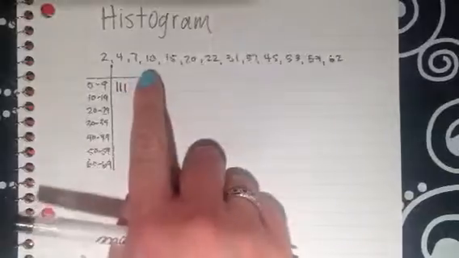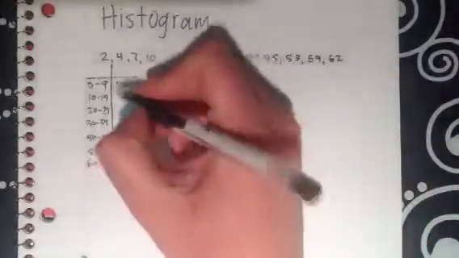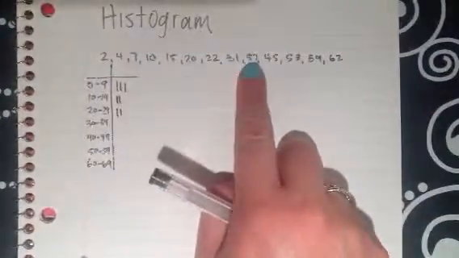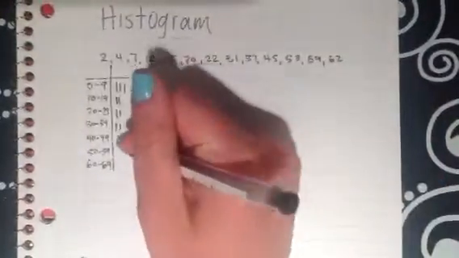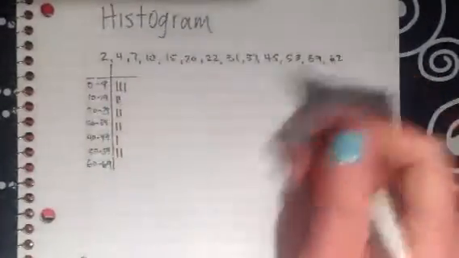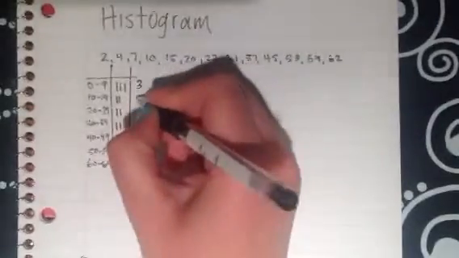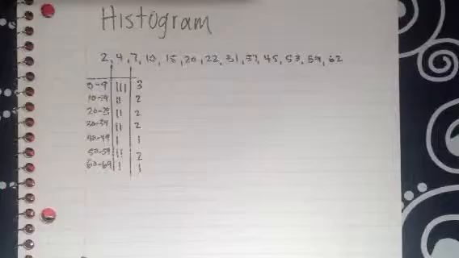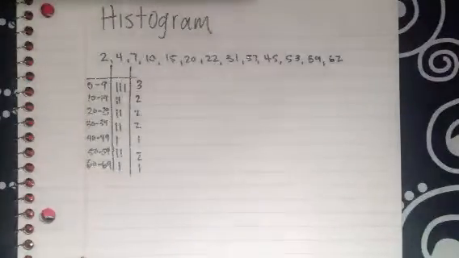There's 1, 2, 3 in the first interval, 1, 2 in the second interval, 1, 2 in the third interval, 1, 2 in the fourth interval, just 1 in the fifth interval, 1, 2 in the sixth, and 1 in the seventh. Sometimes I like to put actual numbers in my frequency table for those values. It makes it a little bit easier to work with.